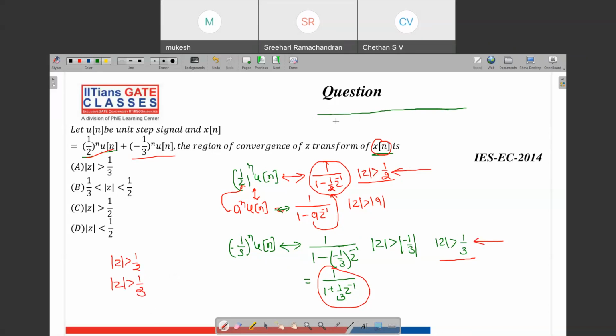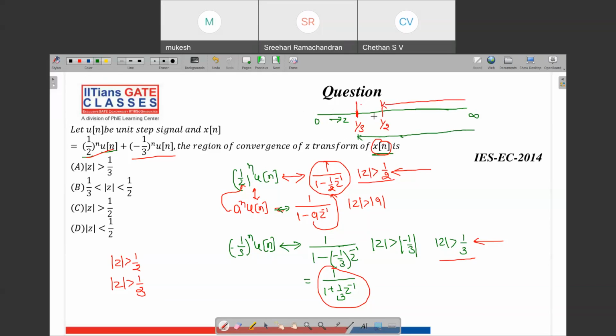So if you see the intersection, let me just write here like this. Let's say that this is Z here and it is 0 and it's going till infinity, and we have 1 by 3 here and 1 by 2 here. We know that 1 by 3 is less than 1 by 2. That's why 1 by 3 is coming before and 1 by 2 is coming after. Now for the first signal, ROC is from 1 by 2 to infinity. And for the second case, ROC is from 1 by 3 to infinity.